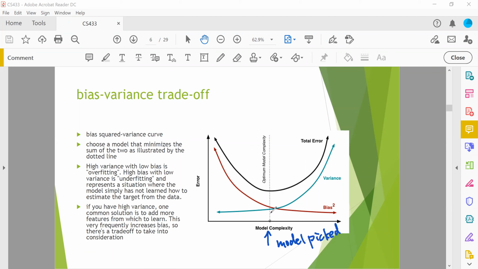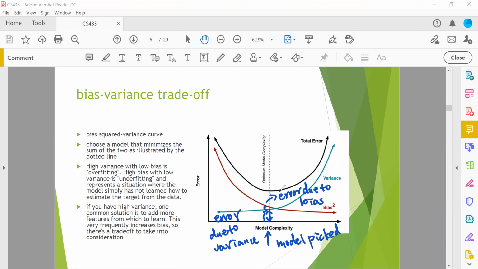And with this, you picked the model. So this part is the error due to variance, is it? And this red part is the error due to bias.